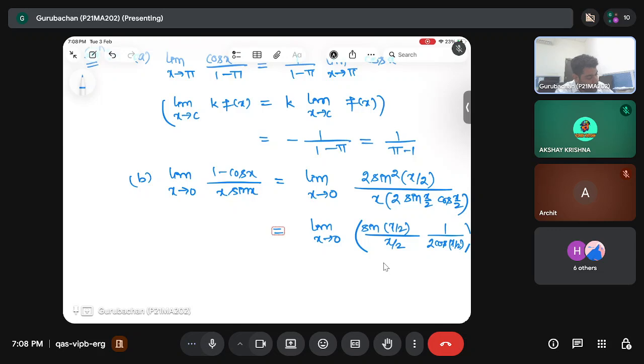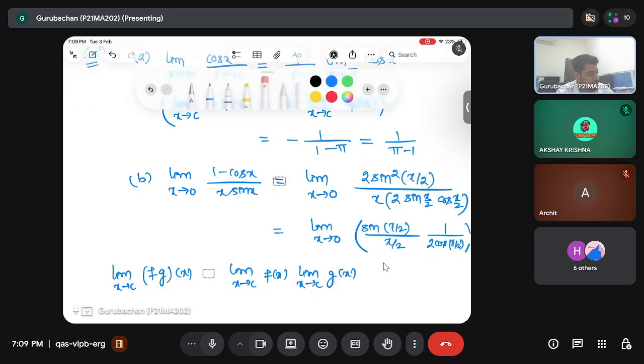Yes, sir. The limit of f into g as x tends to c exists if both the limits exist.